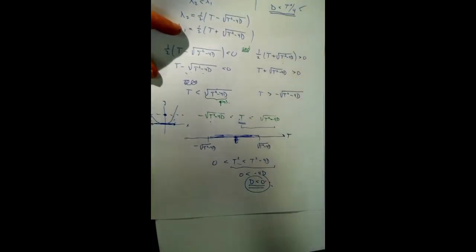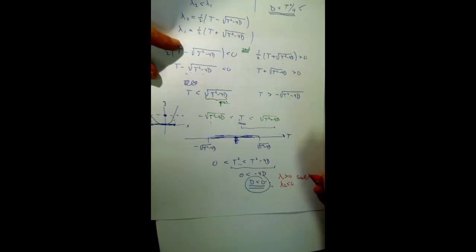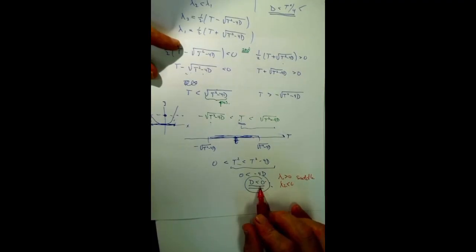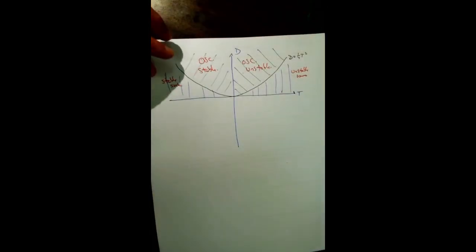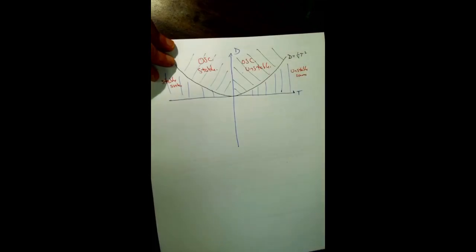And what we just showed is that if d is negative, we're going to have lambda 1 positive and lambda 2 negative, so it's going to be a saddle. So anywhere where the determinant is negative, I get a saddle. So that's basically everything below the d equals 0 line.